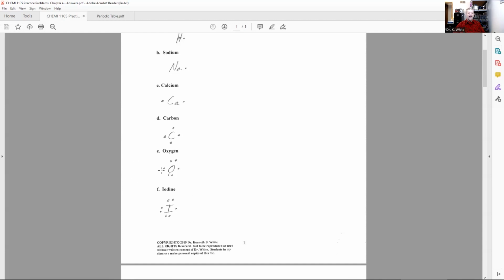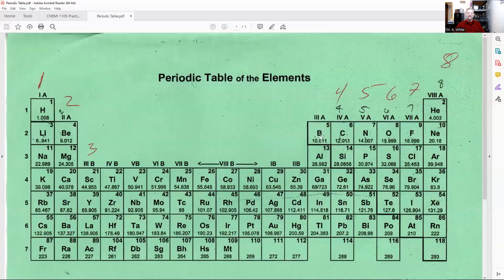Now, if we look at oxygen, what's the chemical symbol for oxygen? O. And if we look at the top of the column for oxygen, you see the number 6. Therefore, oxygen has 6 valence electrons.